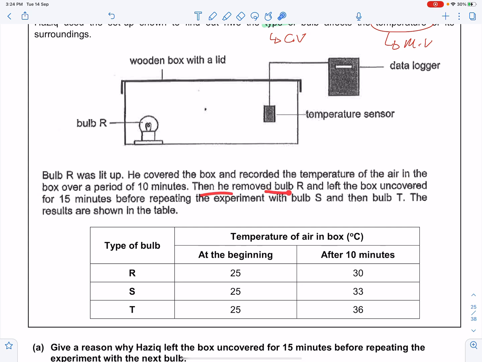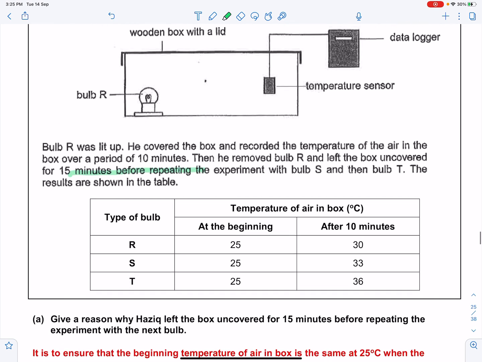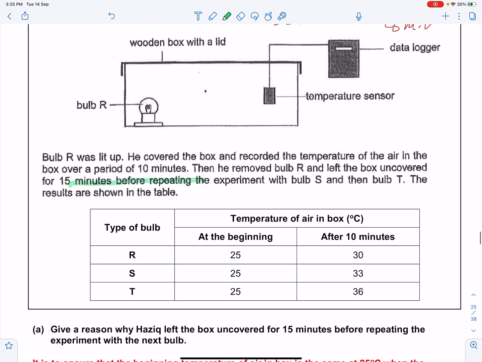Then he removed bulb R and left the box uncovered for 15 minutes before repeating the experiment with bulb S, then bulb T. The results are shown in the table. Give a reason why Haziq left the box uncovered for 15 minutes before repeating the experiment with the next bulb. So this is actually a fair test question.